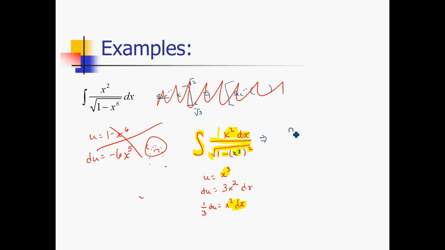So this is the integral of 1 over the square root of 1 minus u squared, and then x squared dx is replaced with 1/3 du. And now anti-differentiate.